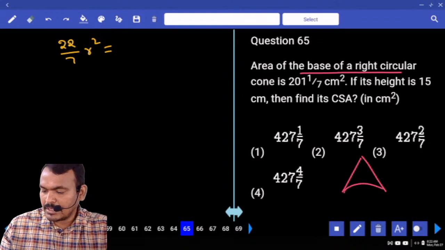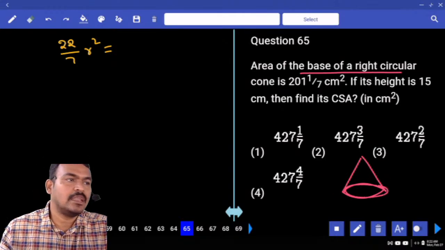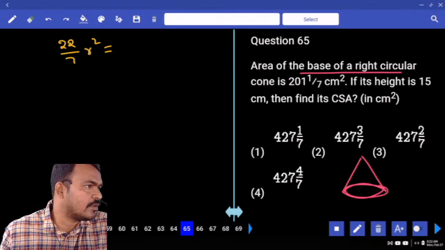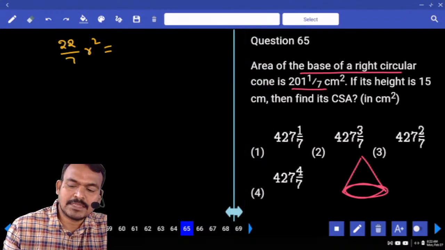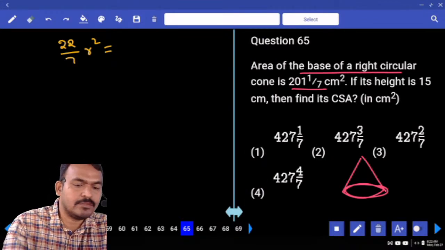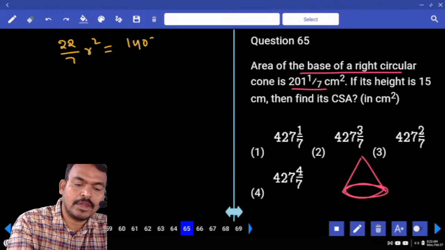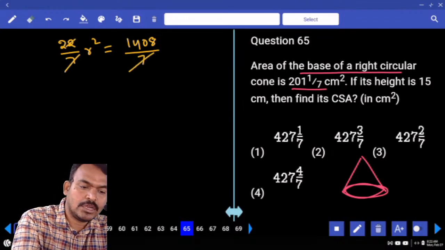In a cone, the base is circular, so the base area is the circle area, pi r square. It equals 201 1 by 7, which is 1407 plus 1, so 1408 by 7. Then 7 cancels.